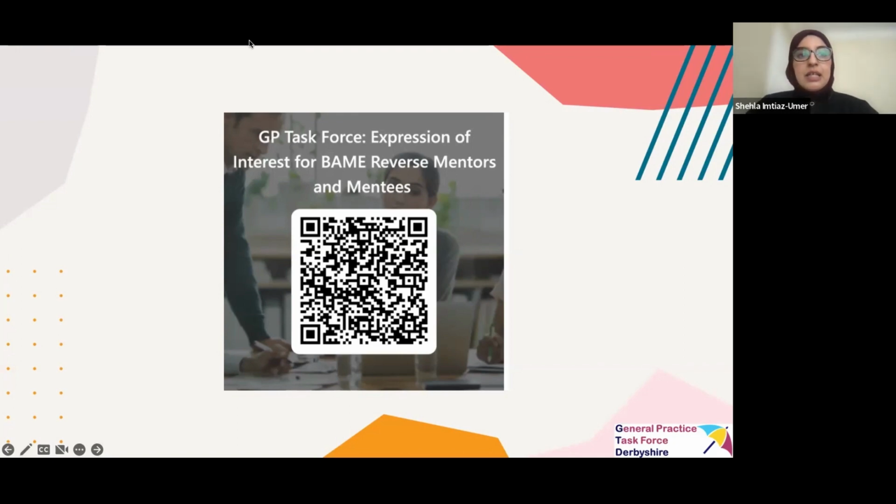This can include non-clinical staff, such as admin staff who want to progress to practice management or other leadership roles. We'll try and get people paired up appropriately.